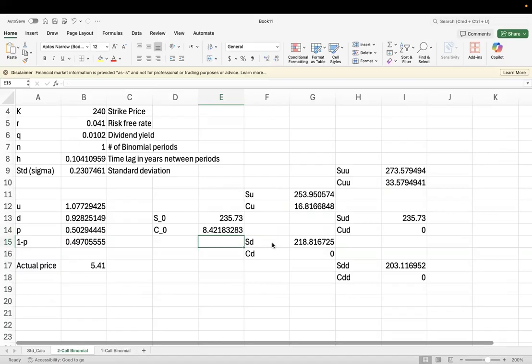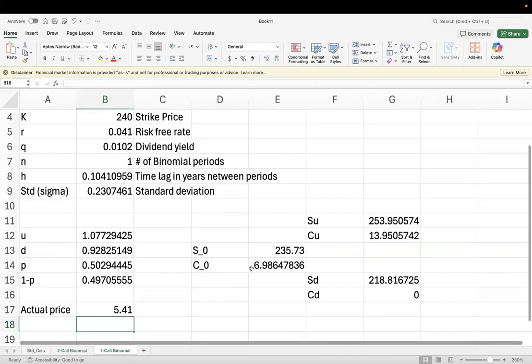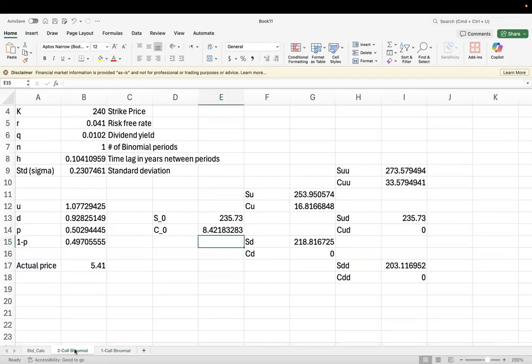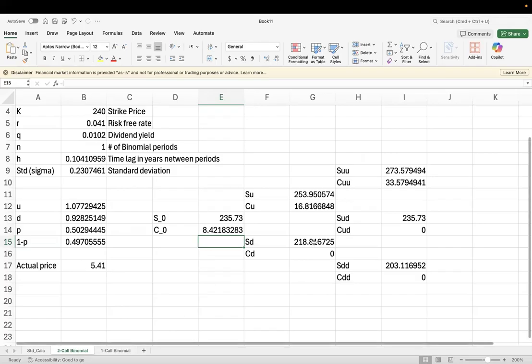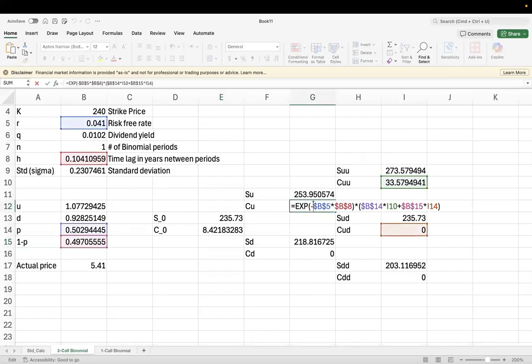So this one gave me a worse approximation. For one call it was $6.98. For two call it is $8.42. So it gave me a little bit of a worse approximation for C0, which is higher than before. But everything here looks good.